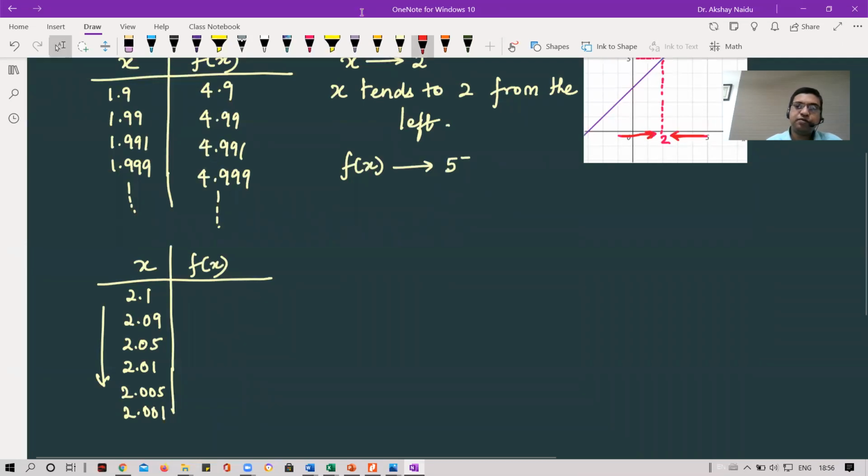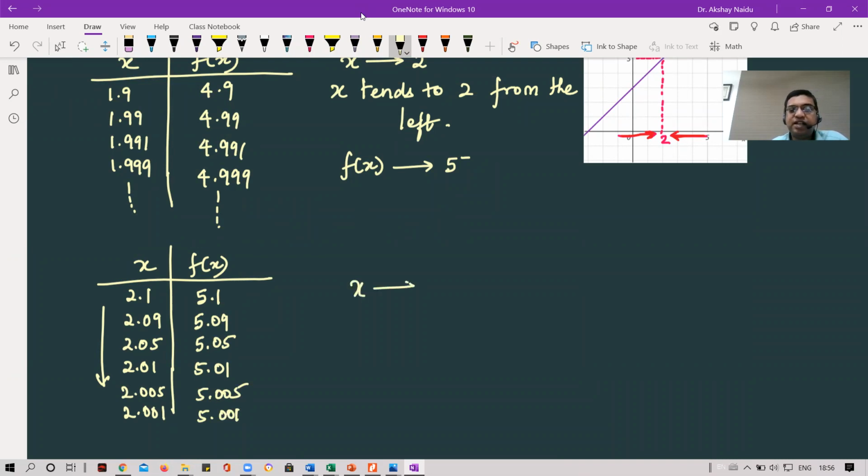What will be the values of f of x? f of x will be x plus 3, right? So 5.1, 5.05, 5.01, 5.005, 5.001. So what is happening?